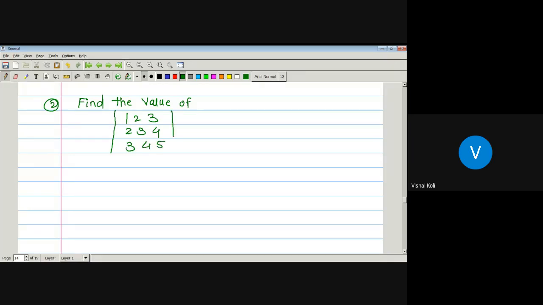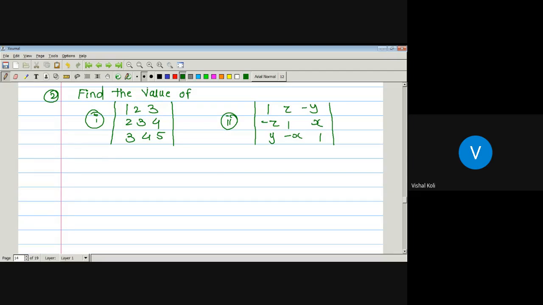This will be the first one and there is one more example. The second one is the determinant of order 3 having entries 1, z, minus y, minus z, 1, x and the last row y, minus x, 1. Okay, so here we have to find out the determinant values.